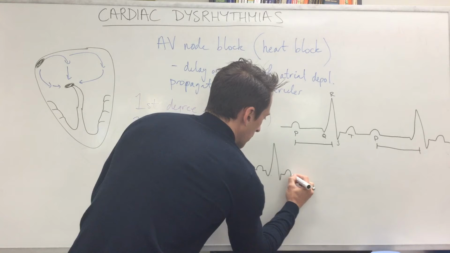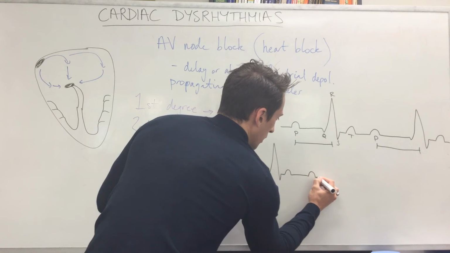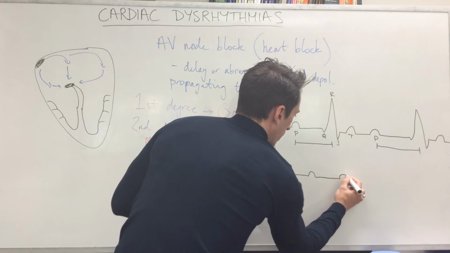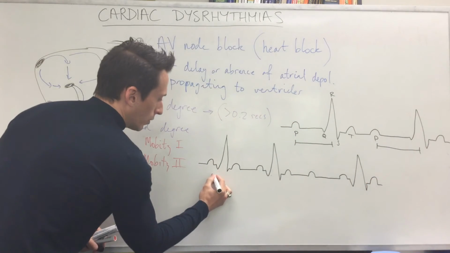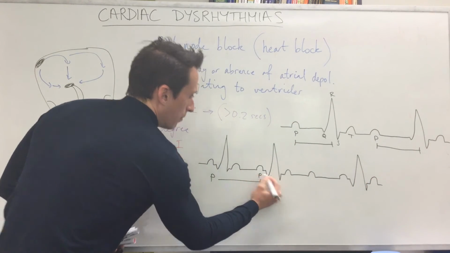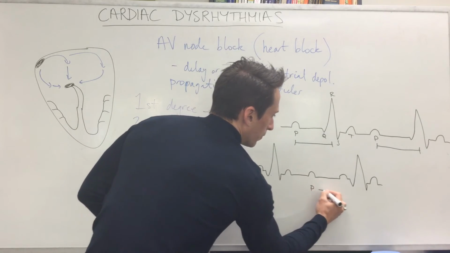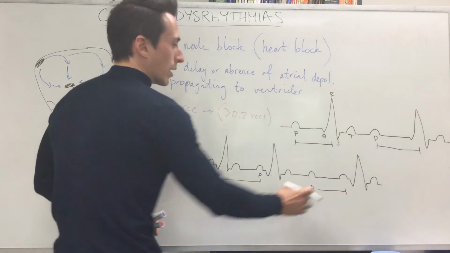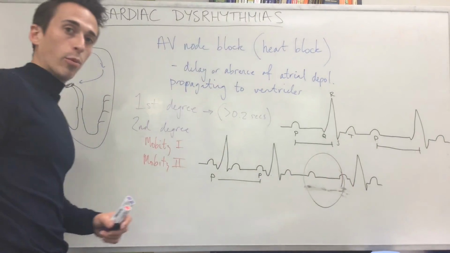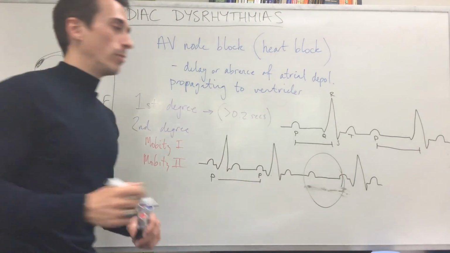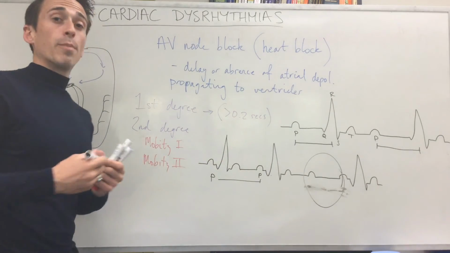And so T and then P, nothing. P and QRS complex. So the P to P interval remains the same, but you get a dropping of the QRS complex at a particular point. This does require treatment, and the treatment for Mobitz 2 is a pacemaker.